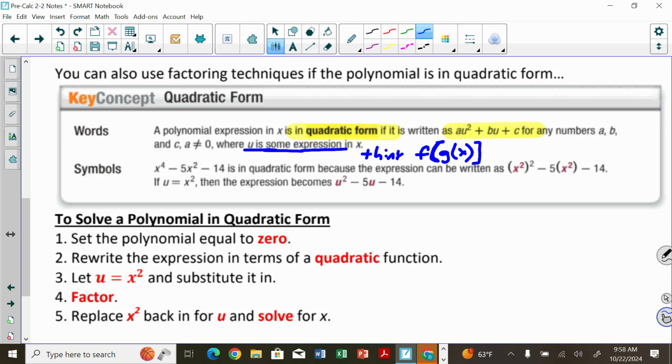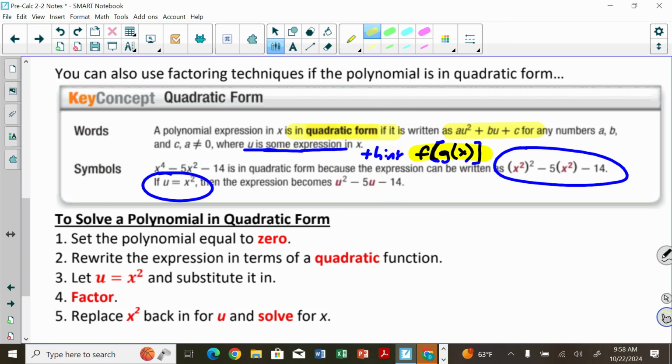Okay, so what we're thinking here is if you've got x to the 4th minus 5x squared minus 14, it's in quadratic form because we could rewrite it like this, where basically u equals x squared. And that's what I'm telling you to think about here. Think f of g of x, where you're plugging in x squared for your u's. Okay, then it becomes u squared minus 5u minus 14.